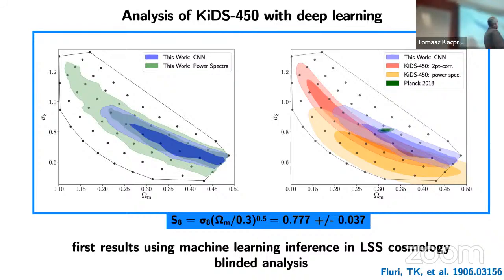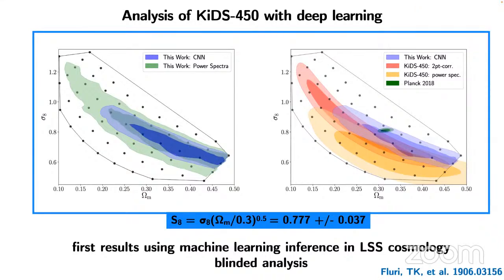Compared to the rest of the literature, our measurements were a little bit higher than the main KiDS, but due to all sorts of different modeling choices and the fact that we found different values for intrinsic galaxy alignment than the main analysis, we think it's a consistent measurement between those two, although with a slightly higher S8 value.